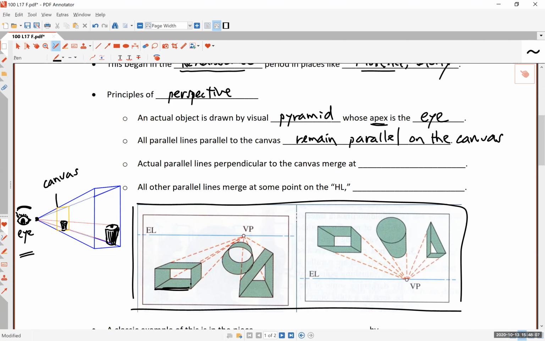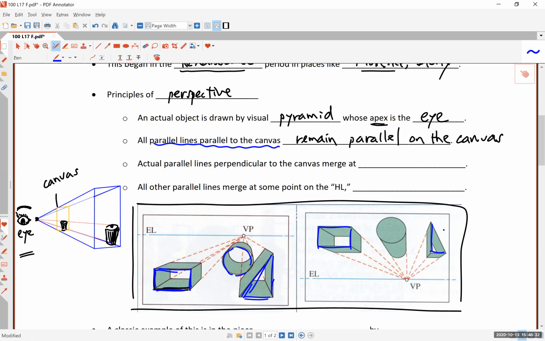So notice here, all of these, maybe I should draw in a different color here, right? All lines parallel to the canvas. So these are lines like this, okay? Notice here, these are actually lines that are on a parallel plane to the canvas, right? And so all of these are lines parallel to the canvas.